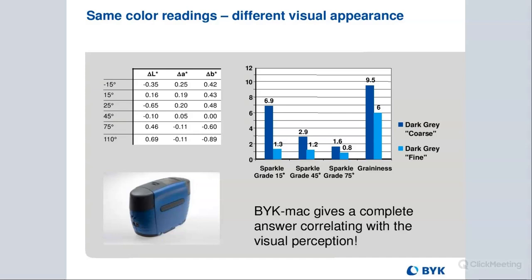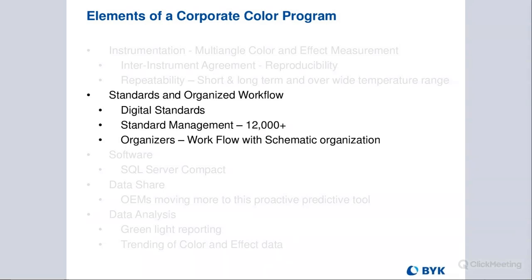So for example, the sparkle 15 here is a 6.3 on the coarse panel, and on the fine panel, it's a 1.3. So that's definitely greater than a 0.5 difference. So we're going to pick that up immediately when we look at the panels. And the other angles, pretty much the same. The sparkle grade for the 75 is not so bad, but the graininess and the 45 are definitely out of tolerance.